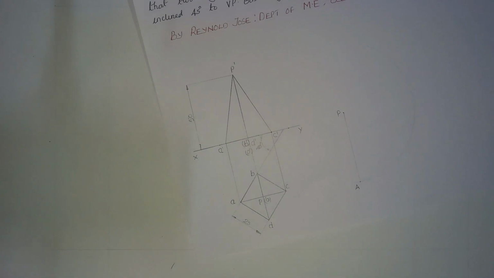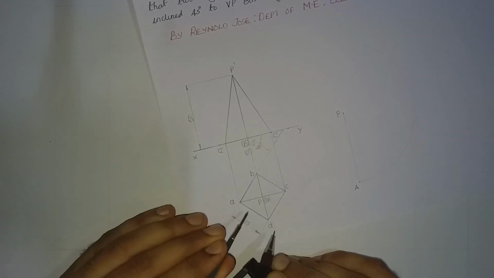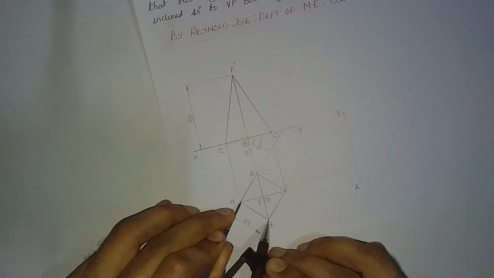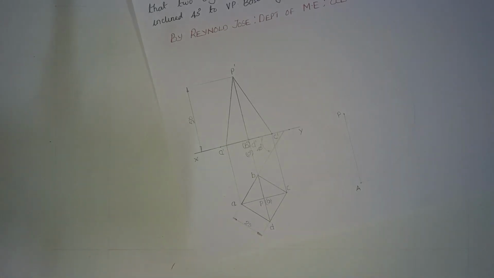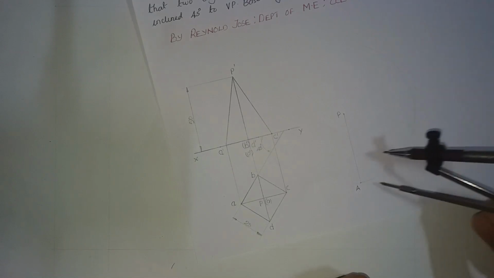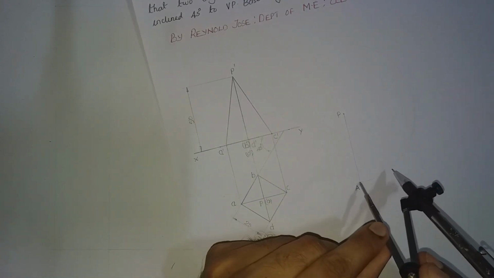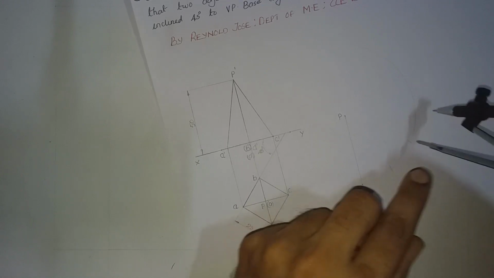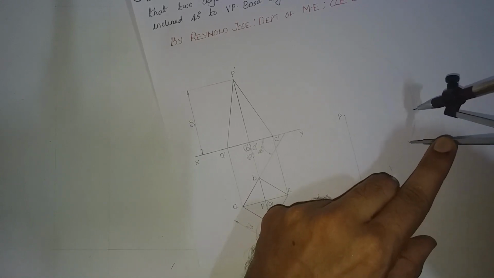Now the solid has 4 base edges with 25 mm edge length each. Let us take 25 in our compass. As this square pyramid has 4 base edges, let us cut 4 arcs on this big arc, starting from A: 1, 2, 3 and 4.